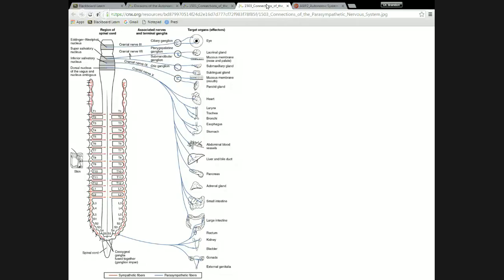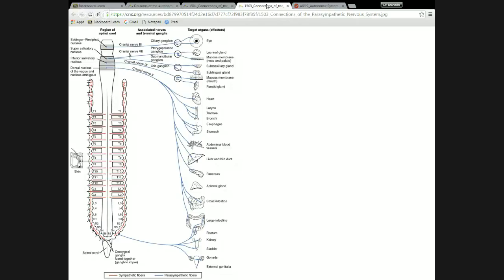And the reason for that is parasympathetic ganglia, which are collectively called terminal ganglia, are located near or even in the target organ. So up here in the head and neck, we can see the terminal ganglia. The ciliary ganglion, which happens to be located in the orbit just posterior to the eye.